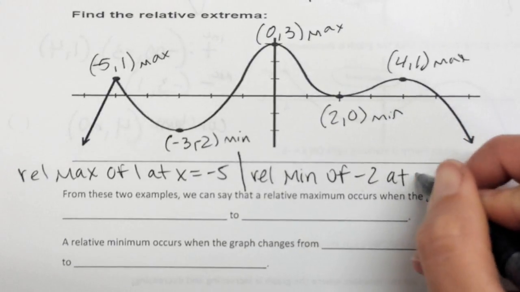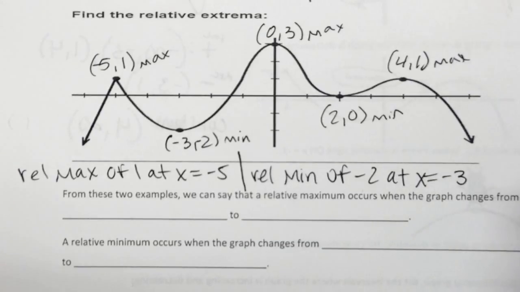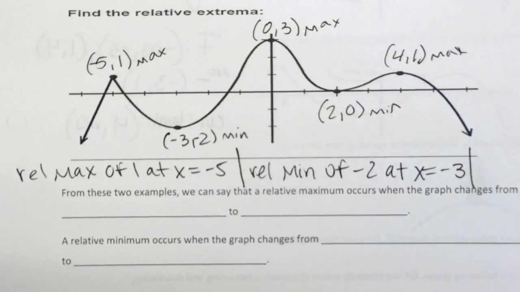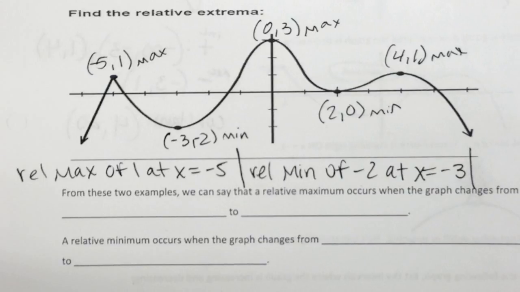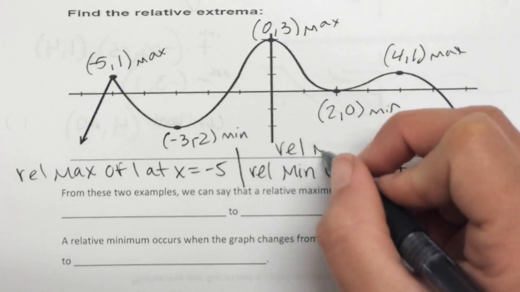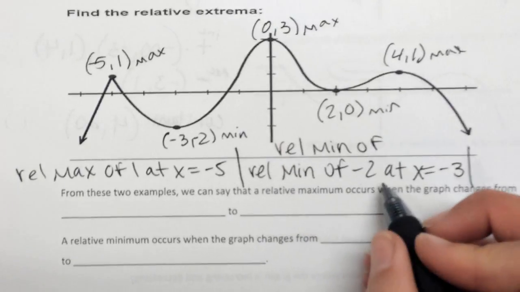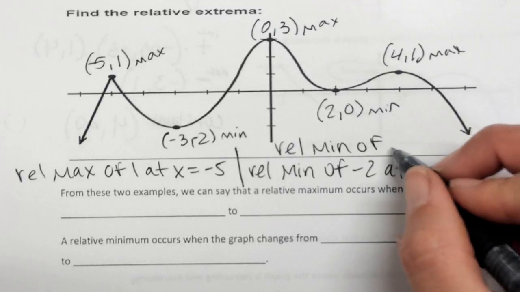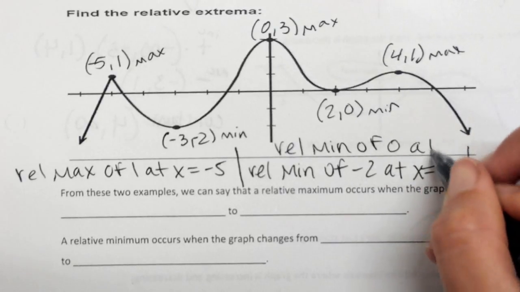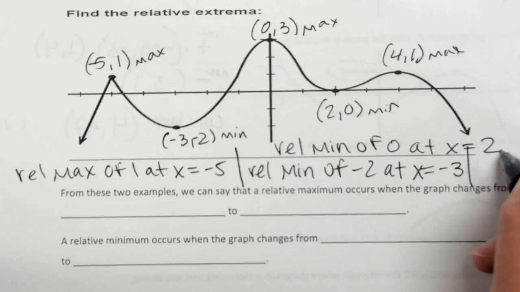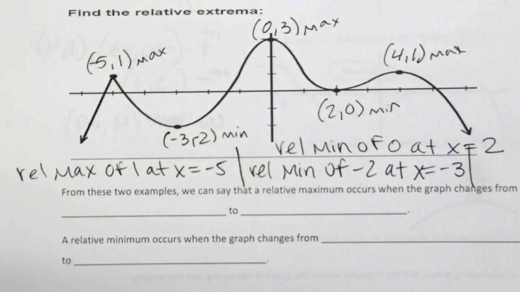At. Good. Alright, Jalen, do another one. Hold on, wait. We're doing mins. How many of them are there? I got 2. Yes. Tell me the other one. I got a rel min of 0 at x equals 2. Good. And I don't think we have to go over the other ones. Y'all know how to do these, right? Any questions?